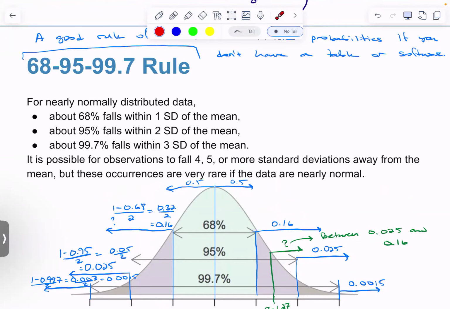Okay. And if you're Googling stuff, this is also called the empirical rule. But if you Google the 68, 95, 99.7 rule, it'll know what you mean. That's the common term for it.